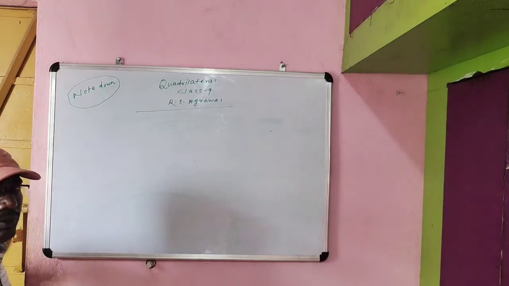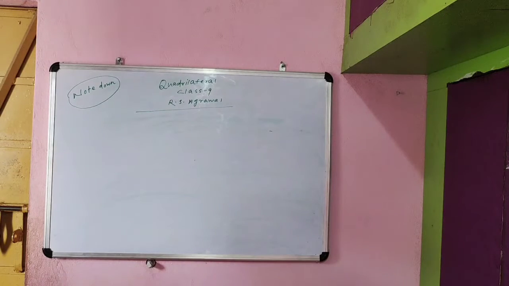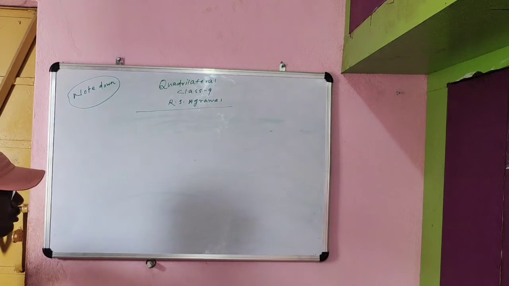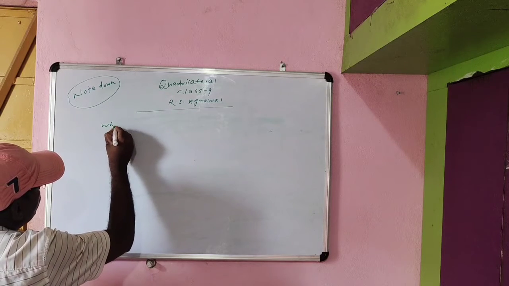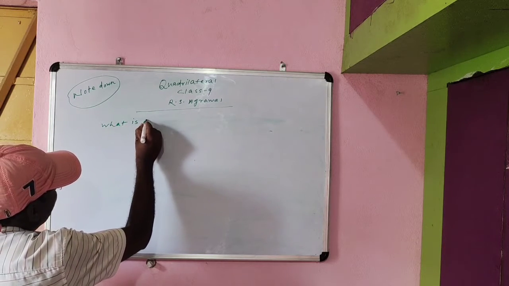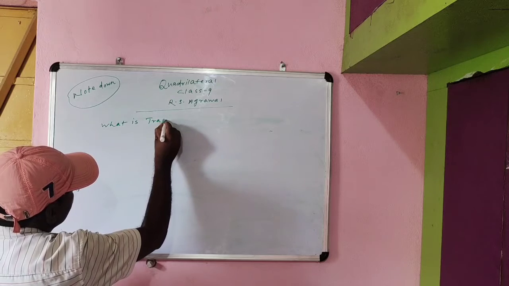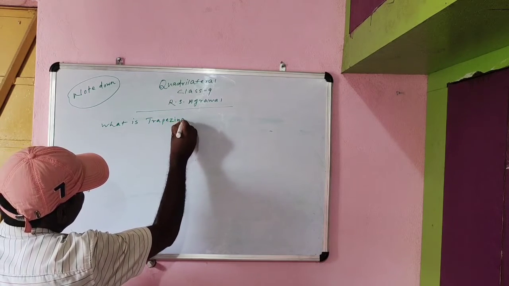We will discuss first the first type of quadrilateral, trapezium. What is trapezium?